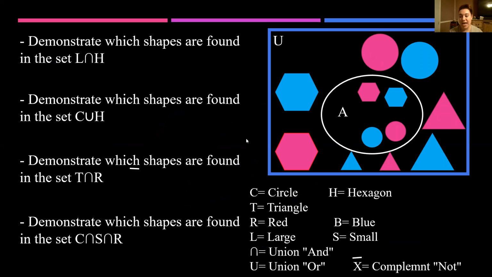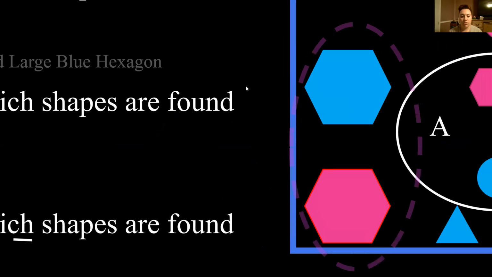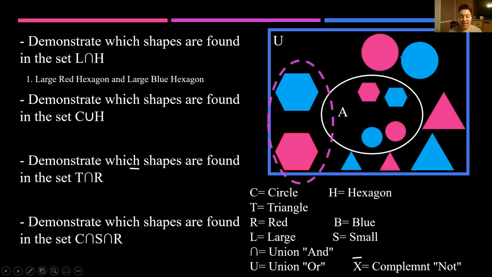Okay, so here we have a different way of working our Venn diagram. Okay, so this is how we're going to do this. Demonstrate which shapes are found in the set L and H, because we're still using our union and our complement and our intersection. So we have L and H. If you look, we have everything labeled.